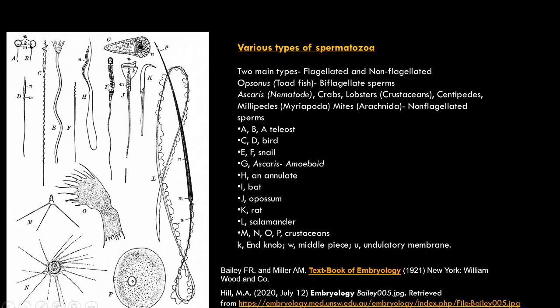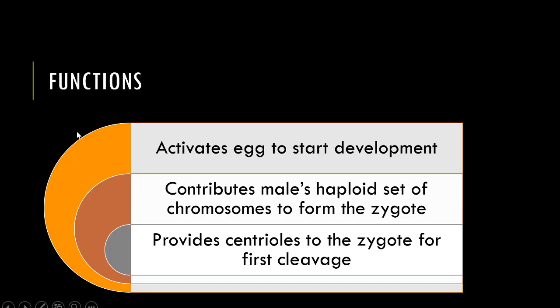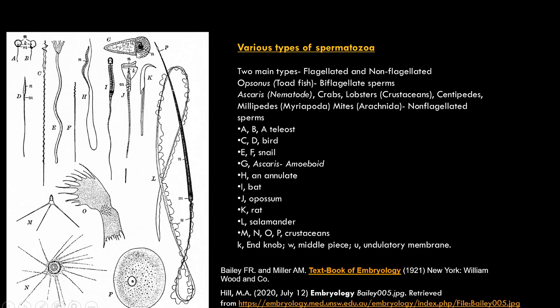These are the diagrams of different kinds of sperms. A and B, these are the sperms of teleost fishes. C and D belong to birds. E and F belong to snails. The G sperm, this one is amoeboid. This is present in ascaris.